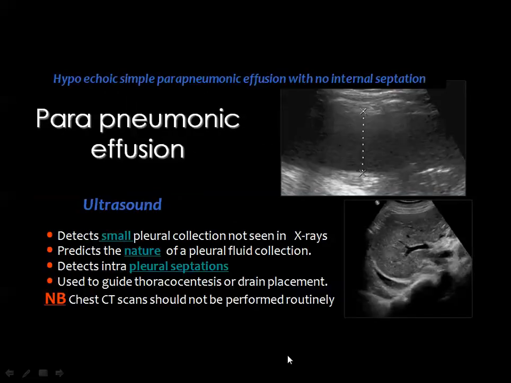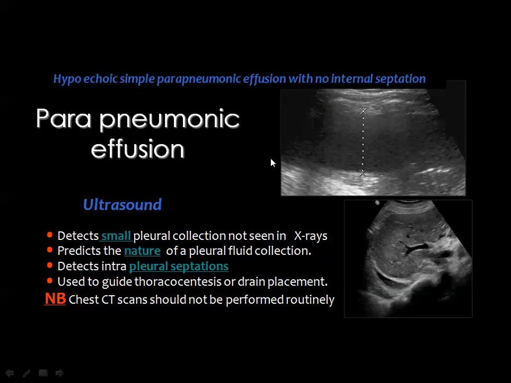But after the introduction of ultrasound as a major tool in thoracic imaging, it has replaced most of the, let's say, CT scans which were done for diagnosis of complications secondary to pneumonia.